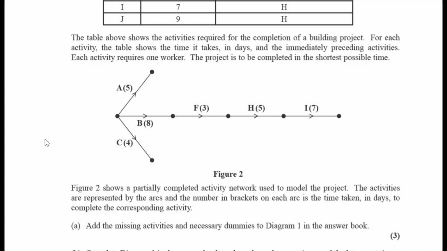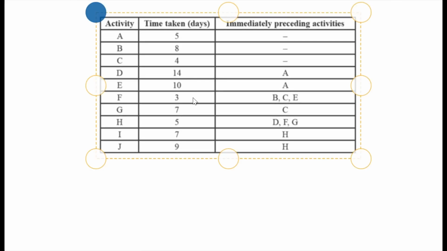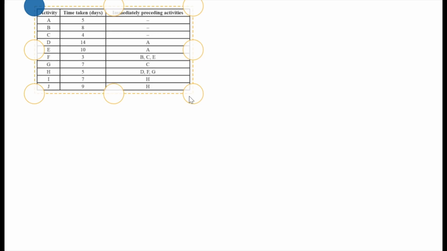Well, before that, I think it's always a good idea to sketch what you want. So we've got this over here. Maybe if I shrink this slightly, you can see over here, I don't know how clear this will be on the screen, but we've got our source over here, and coming out of that we've got A, B and C. They don't depend on anything.